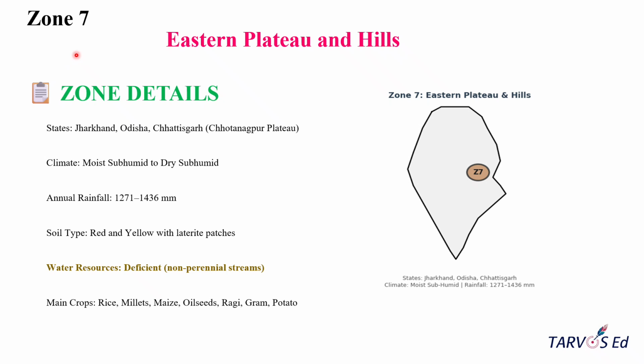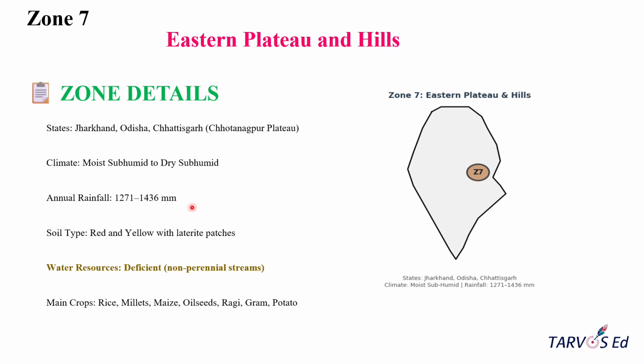Now we are on zone 7, Eastern Plateau and Hills. This region basically covers Jharkhand, Odisha, Chhattisgarh, and mainly the Chotanagpur Plateau region. And the climate here is moist subhumid to dry subhumid with the annual rainfall ranging from 1271 to 1436 mm.